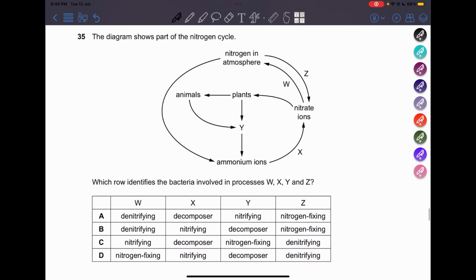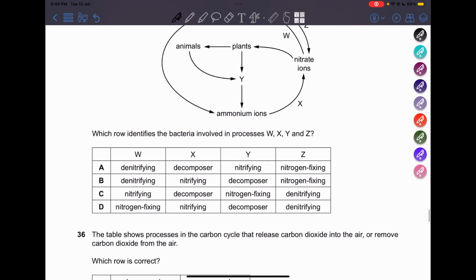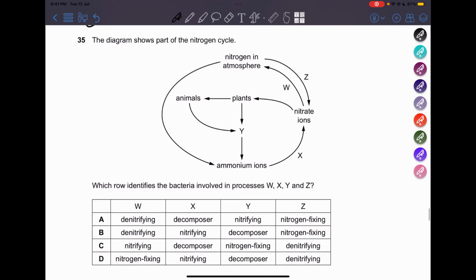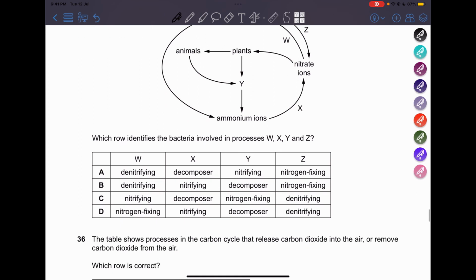35. The diagram shows part of the nitrogen cycle. Which row identifies the bacteria involved in the processes Y, W, X, and Z? Now over here in Y, we can actually see that the nitrate is becoming nitrogen, which is actually indicating denitrifying bacteria. So we're going to be choosing actually between A and B for this question.